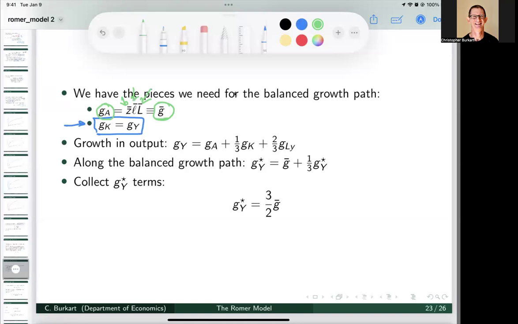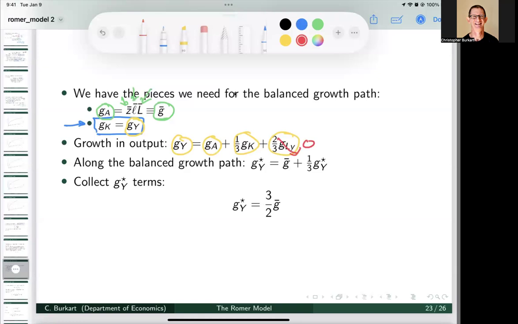Now, we can take our growth in output and decompose it just like we've done in the past, right? This is something we did a long time ago. We can use our growth approximations to say that the growth in output can be decomposed into the growth in ideas or growth in productivity, growth in capital, and growth in the labor force. And what we're going to assume for now is that this is 0, so we can just ignore that.